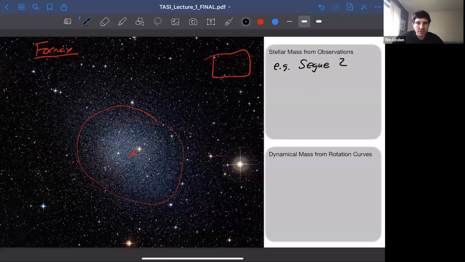And that's a number that's increasing rapidly and will continue to increase, especially with the LSST coming online in the next few years. Anyway, Segue 2 has a very small total luminosity. L star is the total luminosity of all of the stars in this thing, and it's about 860 times the luminosity of the sun.